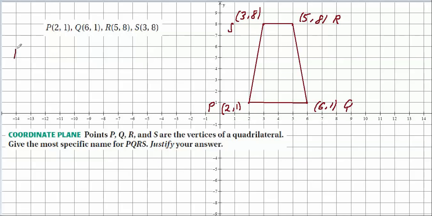So we have RP. And delta y is 7, so that's 7 squared is 49. What about delta x? It goes from 5 to 2. That's a difference of 3. And 3 squared is 9.